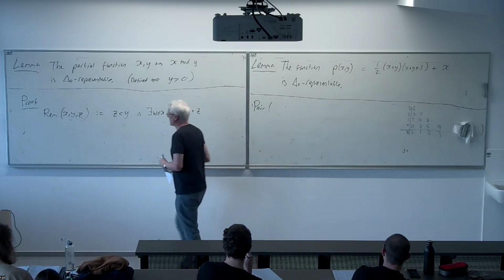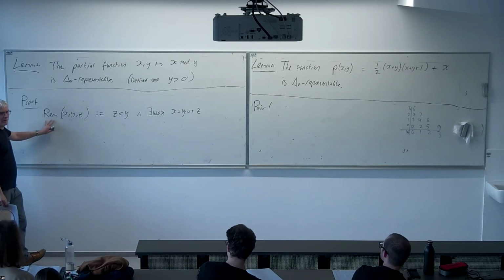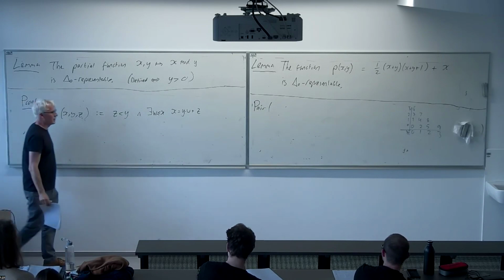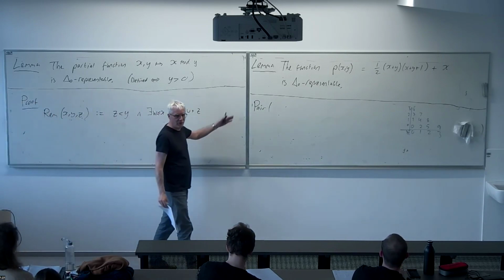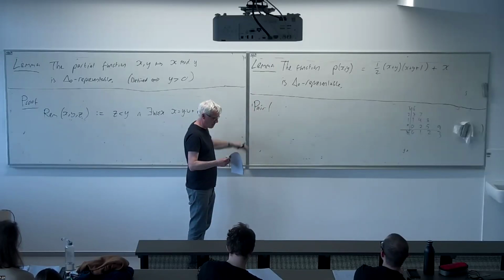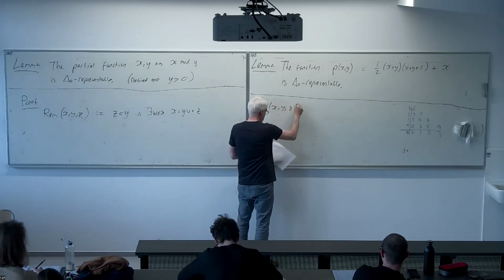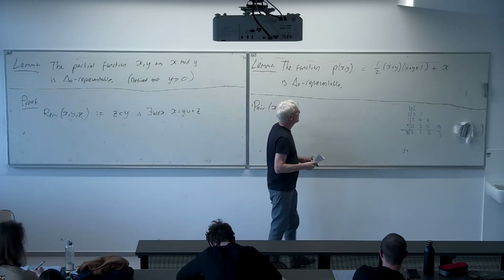And so I'm always going to have this convention that the formulas I give names to will have capital letters, so we know we're distinguishing between the formulas representing functions and the functions. So the formula here I'm going to call Pair.